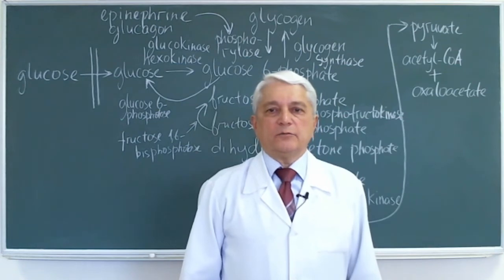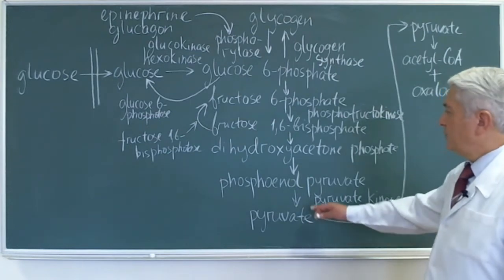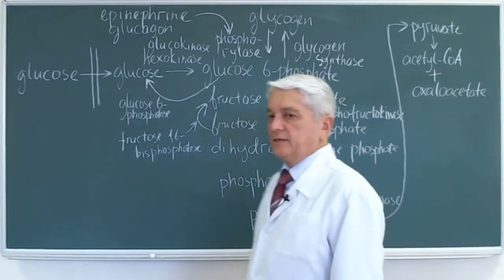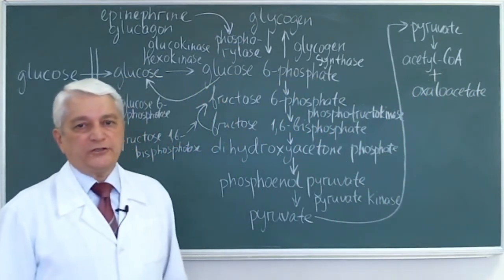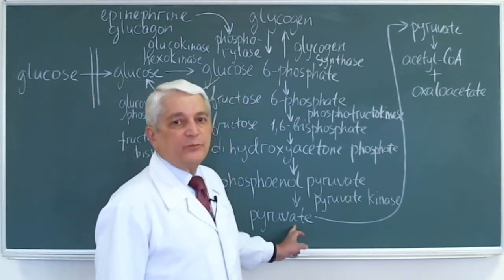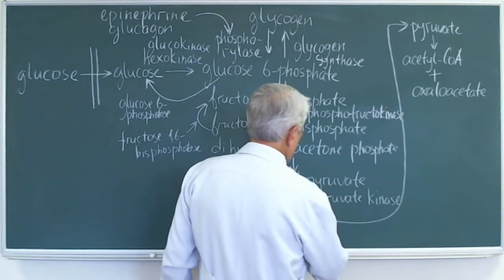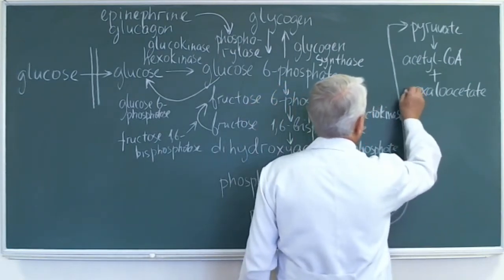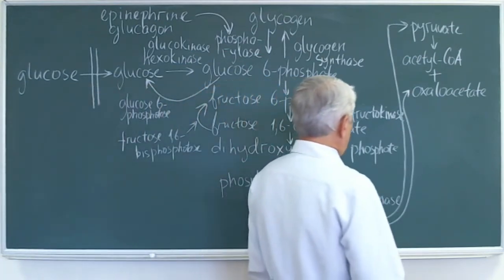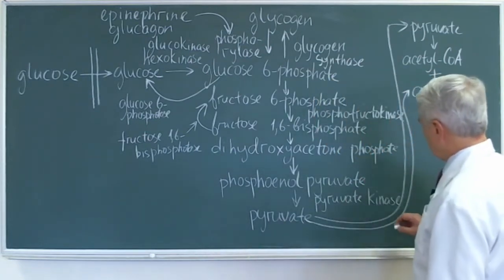But before beginning of citric acid cycle, let's discuss how pyruvate can be transformed to phosphoenol pyruvate. For this, we have two stages. The first stage is pyruvate with the enzyme pyruvate carboxylase. Let's write this. Pyruvate carboxylase can be transformed to oxaloacetate. Here we must write somewhere carboxylase.